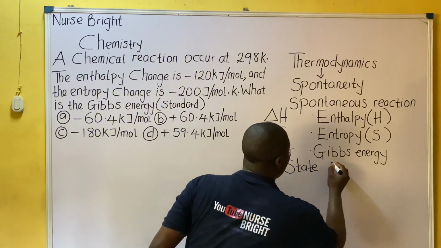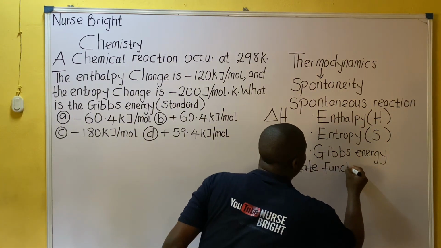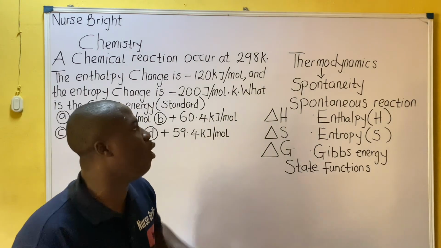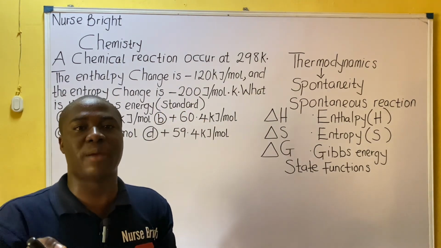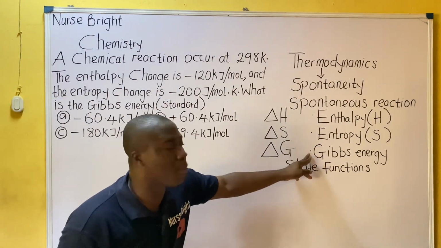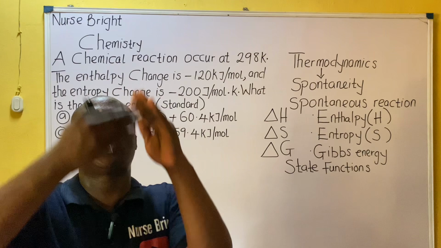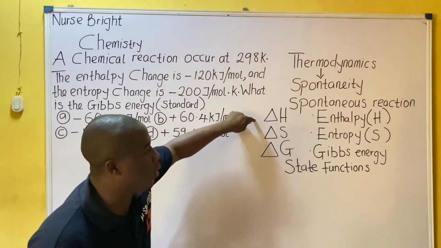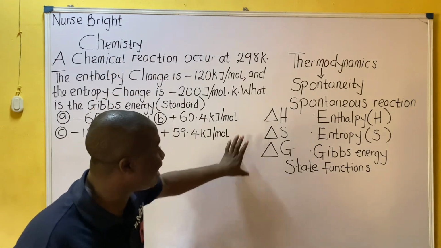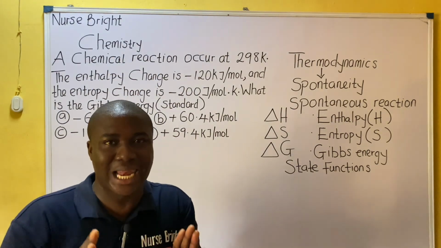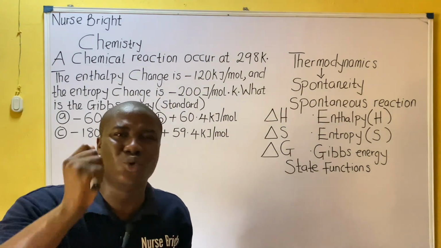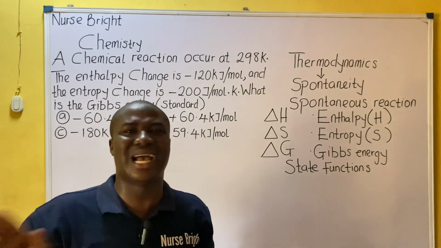They can ask you in your exam to list out the state functions in the topic thermodynamics or in the concept of spontaneity of a chemical reaction. There are three important state functions, which include enthalpy, entropy, and Gibbs energy. But if we're talking about the change format, it includes delta H, which is enthalpy change, delta S, which is entropy change, and delta G, which is Gibbs energy change. So all of these are the state functions. I beg you, note it. They are all very easy and very important.